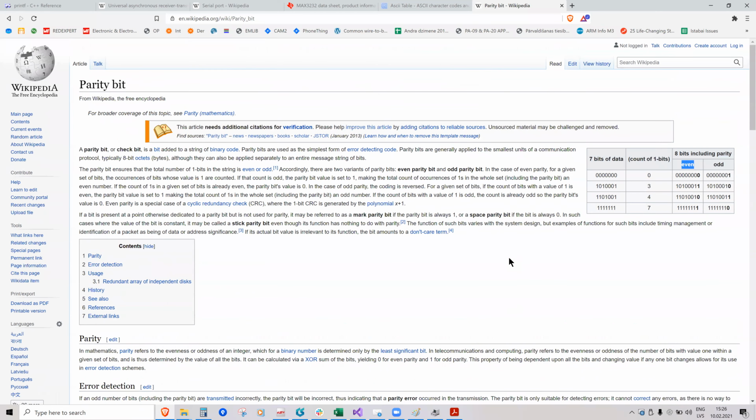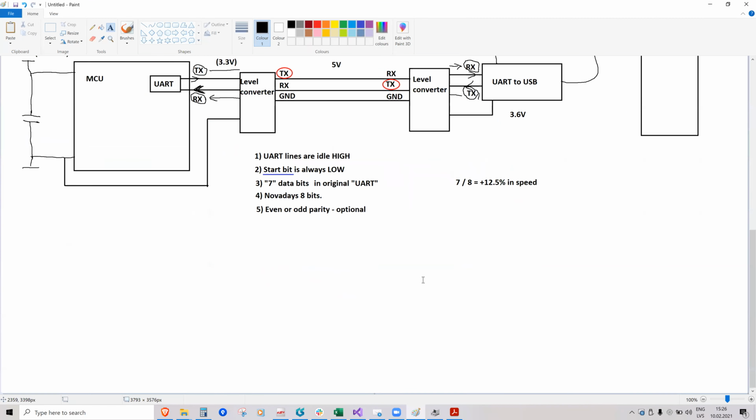But here's the problem. Let's say I'm sending 1, 0, 1, 0, 1, 1, 0, 1. Let's say I send 8 data bits, and let's calculate even parity.